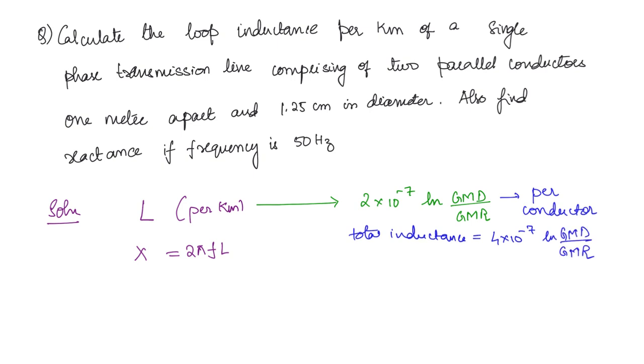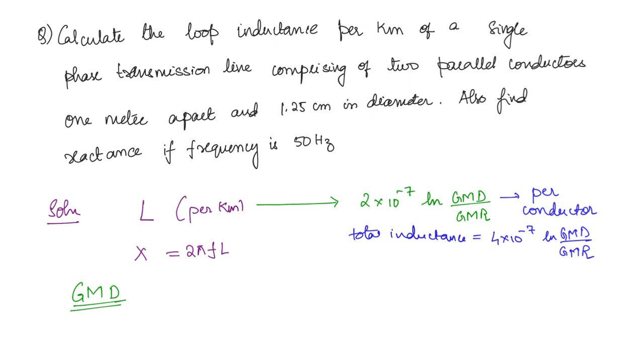So we first have to find out GMD and GMR. Once we find the inductance, frequency is anyways given, so we can find out the reactance. So first we will see the geometric mean distance. It is given that the single phase transmission line has two conductors which are 1 meter apart.